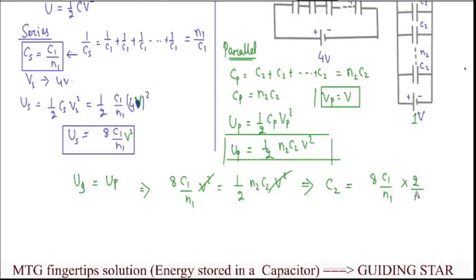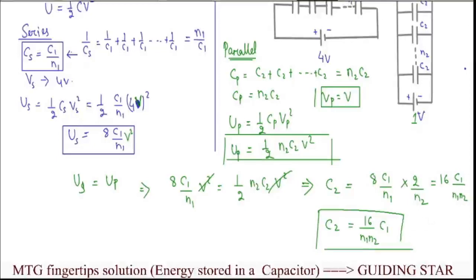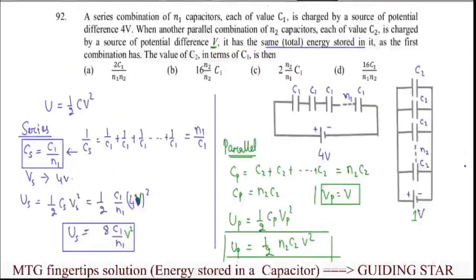So it will be 16C1 upon N1 N2. So the value of C2 in terms of C1 will be 16 upon N1 N2 into C1. So option D over here will be the correct one. Clear?